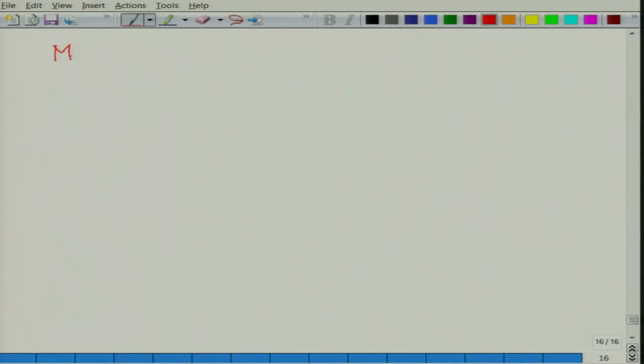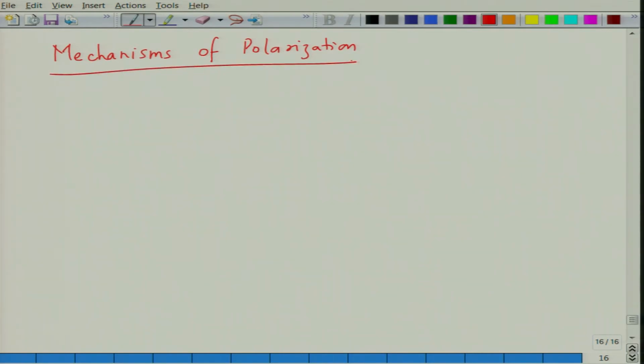So now we are going to look at what is called the mechanism of polarization. Essentially, microscopically speaking, there are 4 mechanisms. The first one is called electronic polarization.